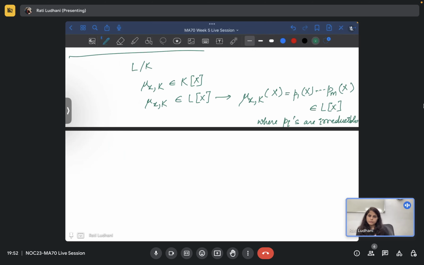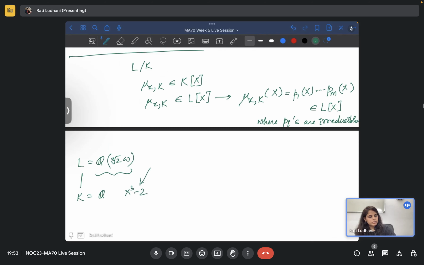So think about mu of alpha comma K, which is the minimal polynomial of alpha over K. Now you just see this polynomial in the bigger field L[x], as we did earlier. So for example, if L is equal to Q(cube root of 2, omega) and you have K to be just Q, then you have x cube minus 2 here.